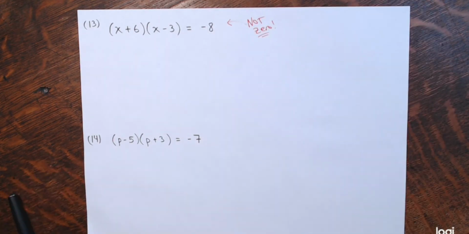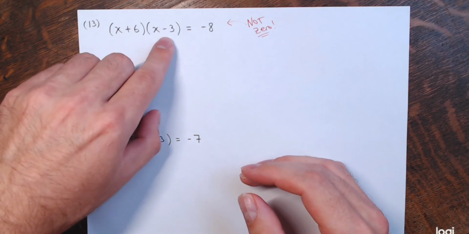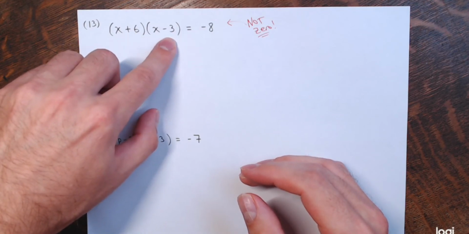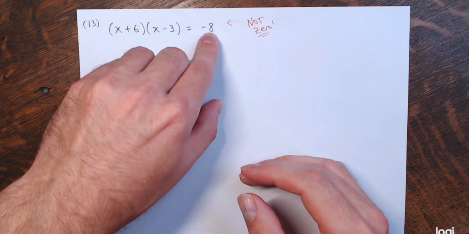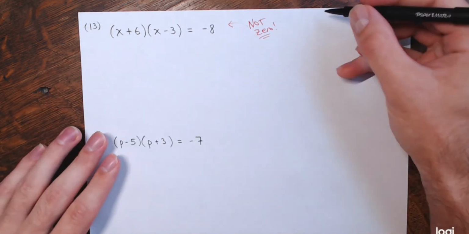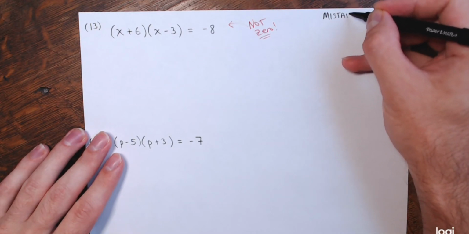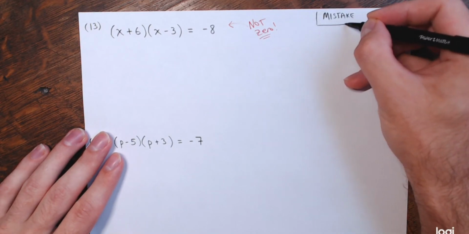It's negative 8. So you can't use the zero product property here. A very common mistake I will see for problems like this is people will say, oh, there's a product over here. I remember what to do. You take this factor, set it equal to negative 8, and this factor, set it equal to negative 8. Well, let's see what happens. So here's a mistake. This is wrong. This is bad.